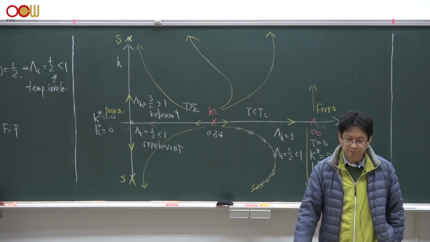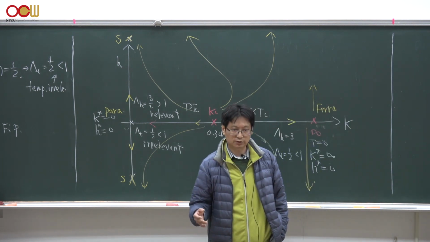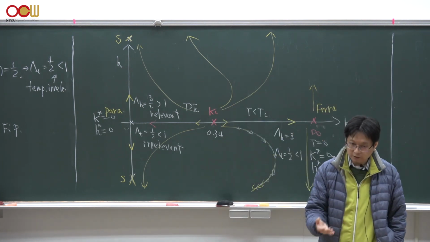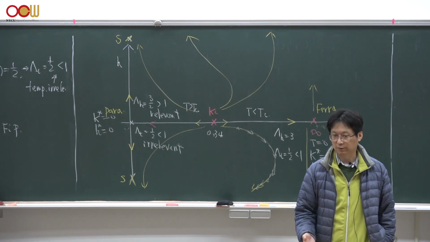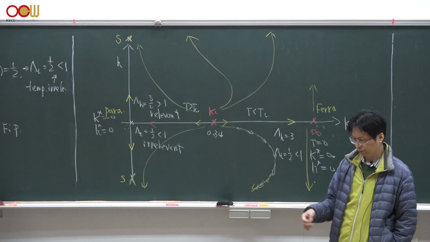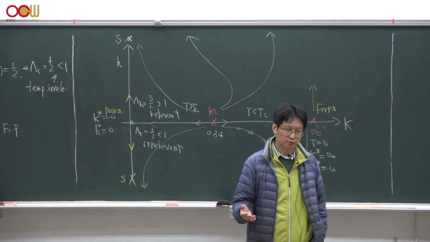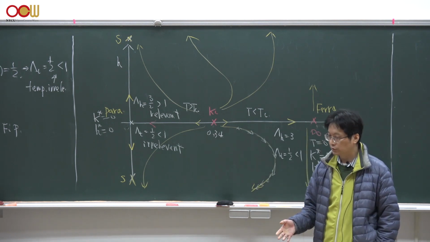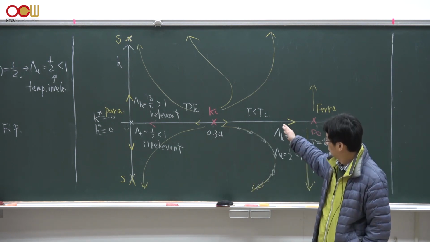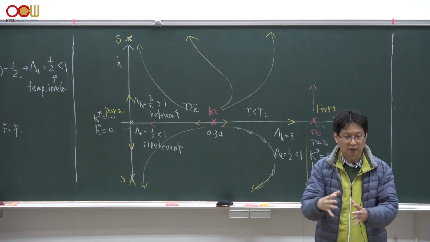Once we include this phi to the fourth term, things become interesting because now you could have other fixed points than just the Gaussian fixed point. And this non-trivial fixed point, called the Wilson-Fisher fixed point, describes the phase transition near the upper critical dimension, which is 4. And we use momentum shell RG, which is the complementary approach to the real space block spin approach.